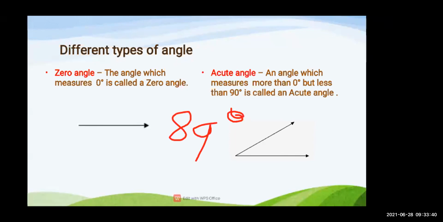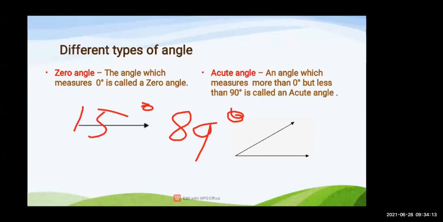That is very good, it is also an acute angle. If it is 15 degree, that means it is which type of angle? Very good. It is also an acute angle, because it is less than 90 degree. So this is our acute angle only.